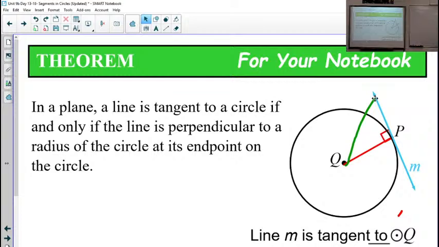Or we can move the other way. Conversely, using the converse, if we can show perpendicular to this radius, then we're going to have a tangent. So we can figure out if a line is tangent by figuring out if we can prove a right angle.